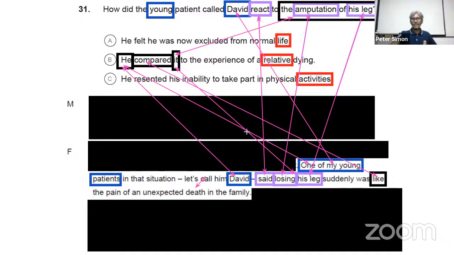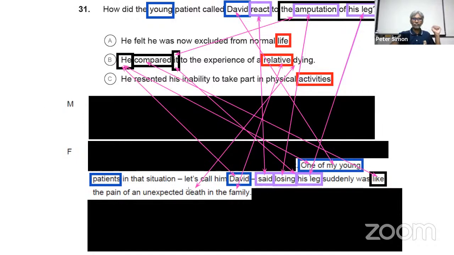Like the pain of an unexpected death. Death means dying. Death in the family means family members. A family member is a relative. Do you think he will say the word relative? Is he crazy? No. Remember this very carefully. He will not use the same words. That's the point there.